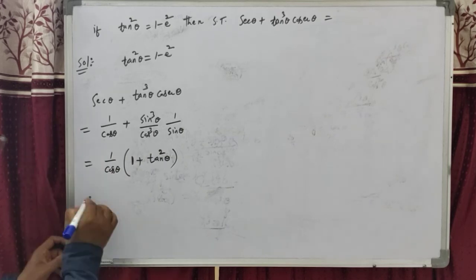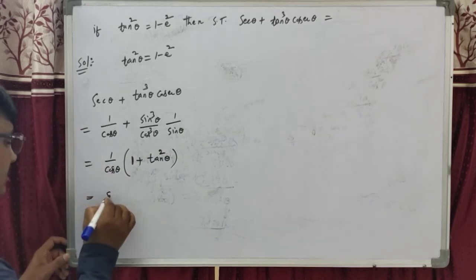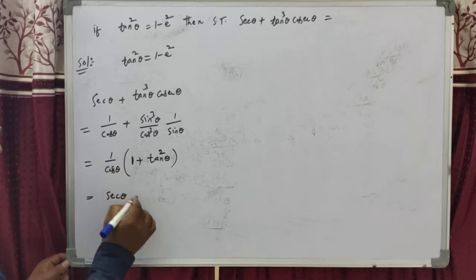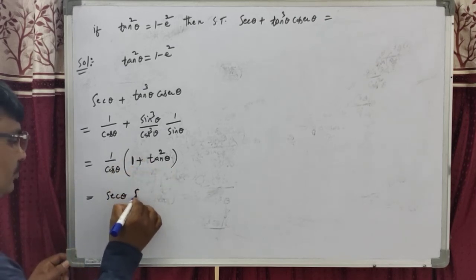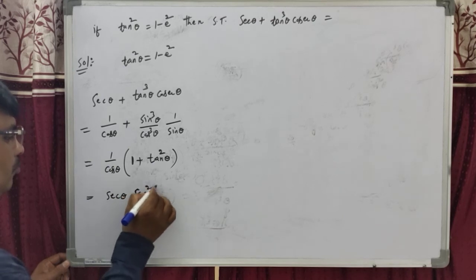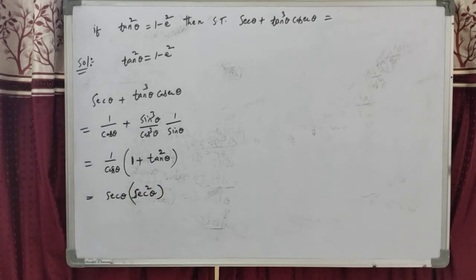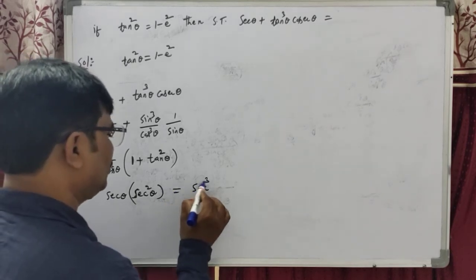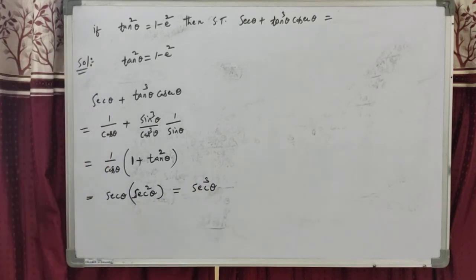So dear students, the reciprocal of cos is secant. We have to know that 1 plus tan square theta is secant square theta. Dear students, this is written as secant cube theta: secant into secant square is secant cube theta.